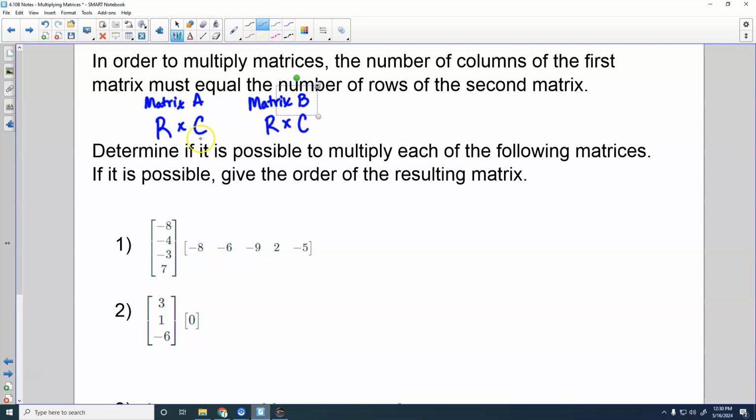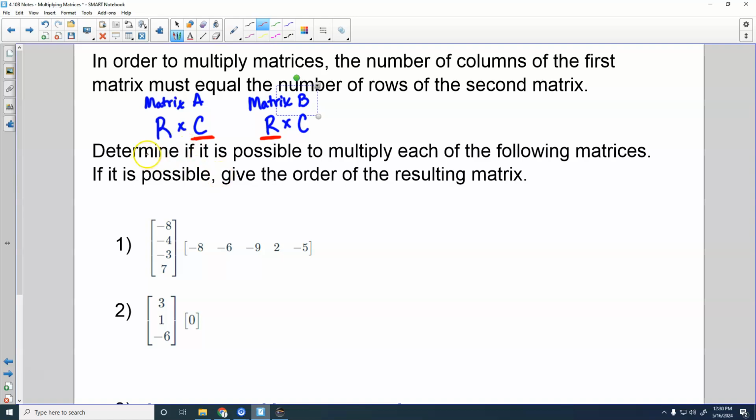What you're looking for is that the columns of the first matrix have to match the rows of the second matrix. These two things have to be equal to each other, or you cannot multiply them together.